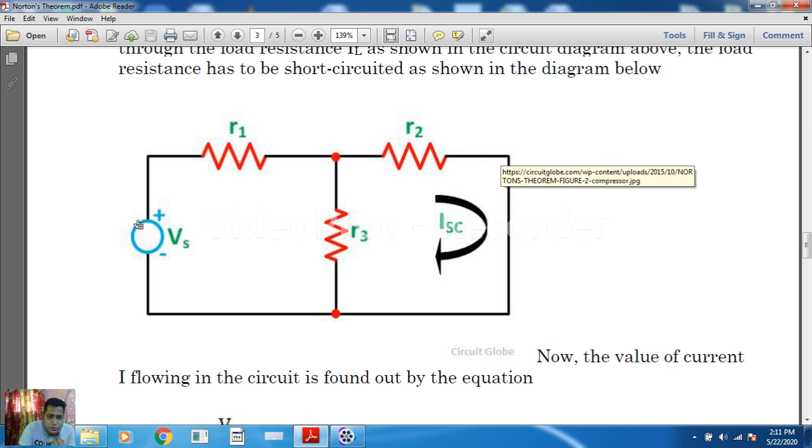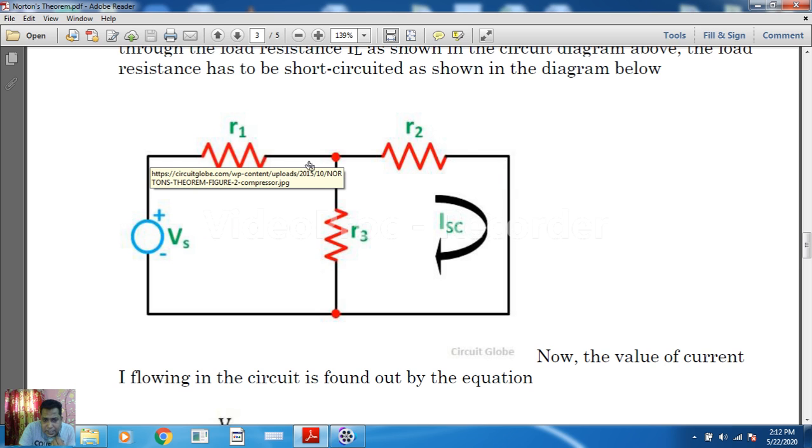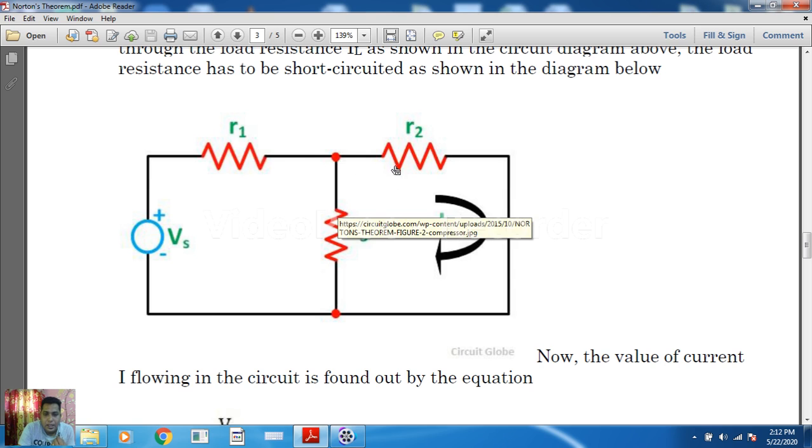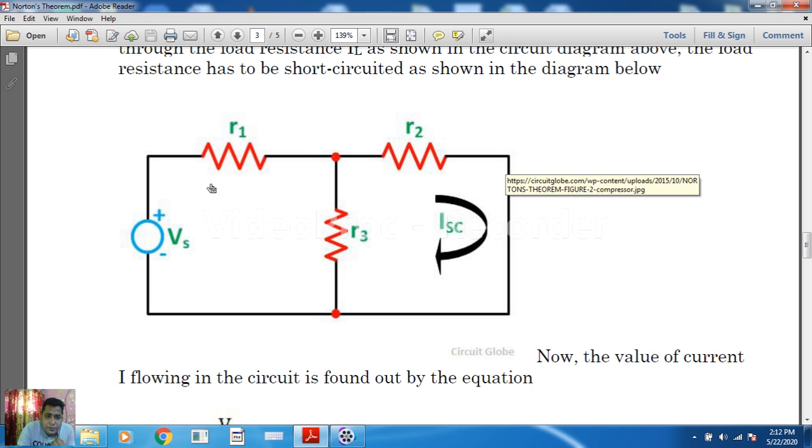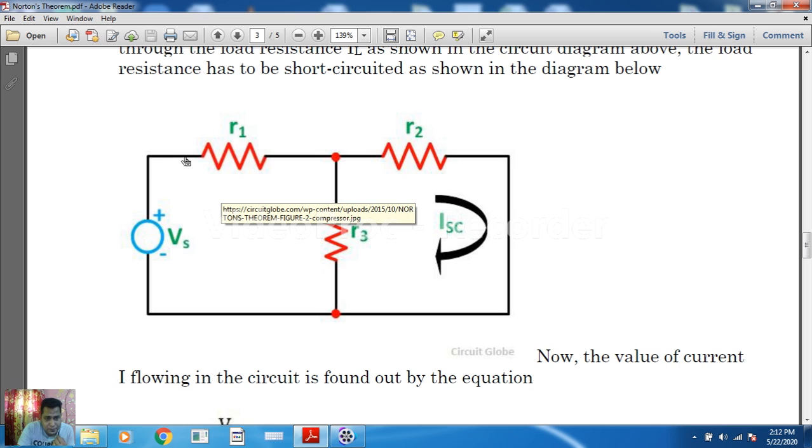As we can see, the source current is produced from the source, it comes to the node, then in both directions there is resistance and a complete path, so the current will divide. And we have to find the current passing through R2, because whatever current is passing through R2 is passing through this short circuit path. So if we can find the current passing through R2, that will give us the current through the short circuit path, correct? To find that, first of all we have to find the current produced from the source, and that current comes to this node.